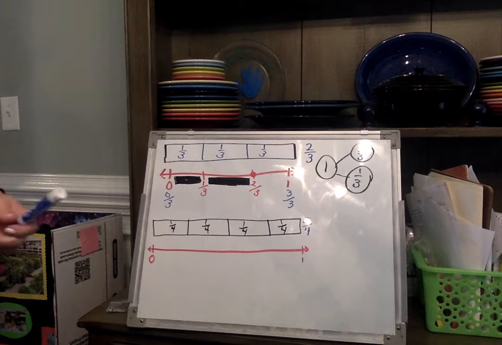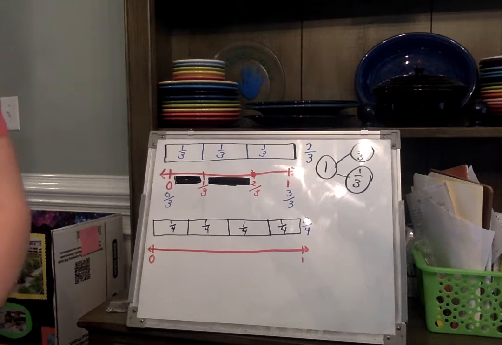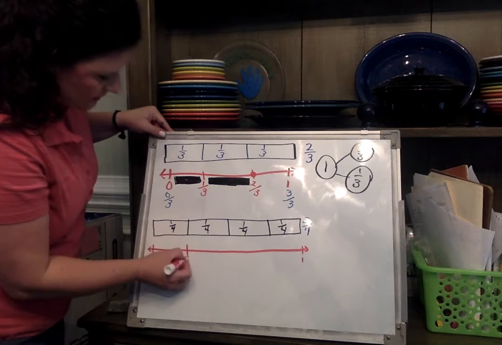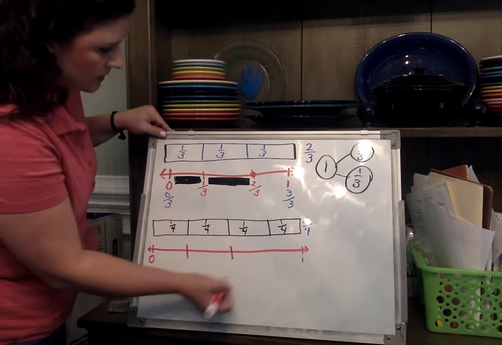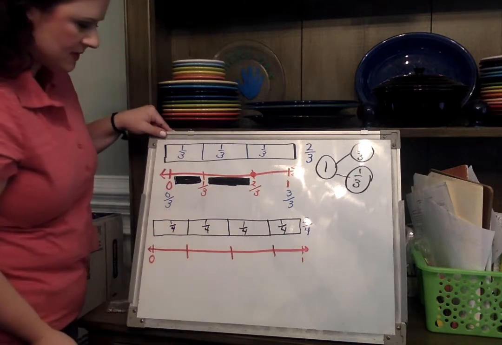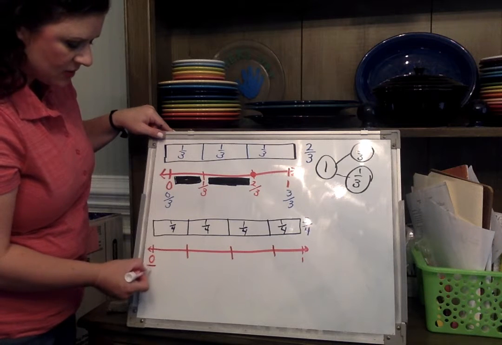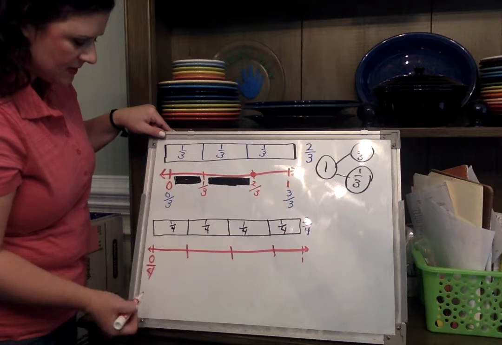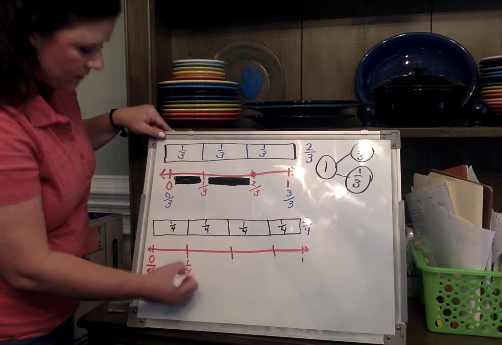So now I can come back and I can fill in those pieces on my number line. So I have 1/4, 2/4, 3/4. So this 0 actually represents 0/4, 1/4.